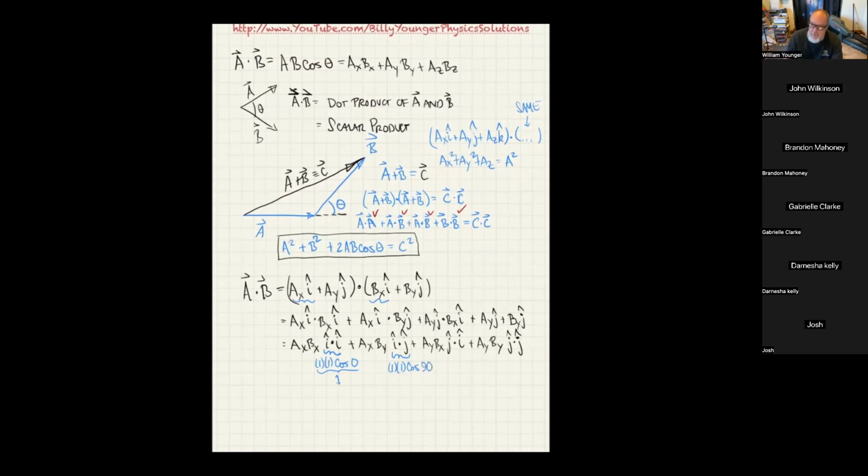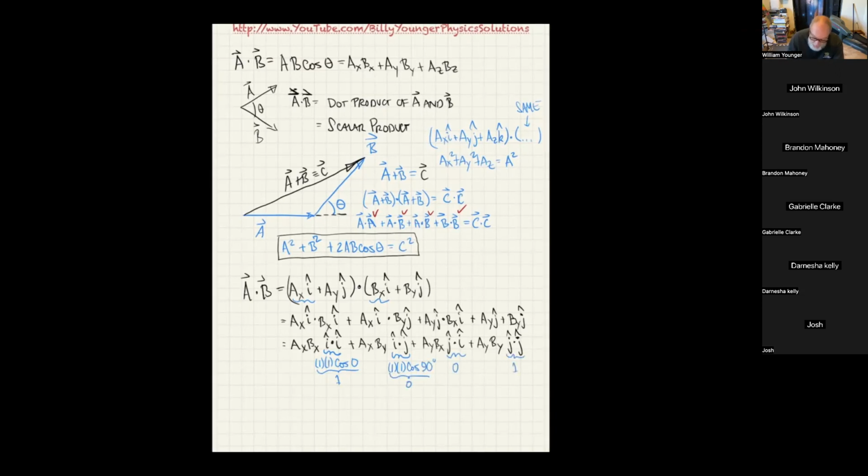I think what I heard someone answer, they might be misremembering dot product versus cross product, but the angle between them is 90. So the cosine of 90 degrees is 0. So I get 0 for that one. I get 0 for this one. And for j hat dot j hat, I get 1 again.